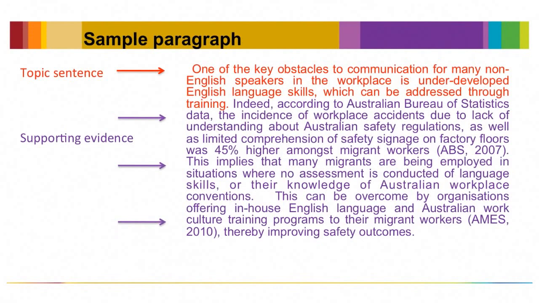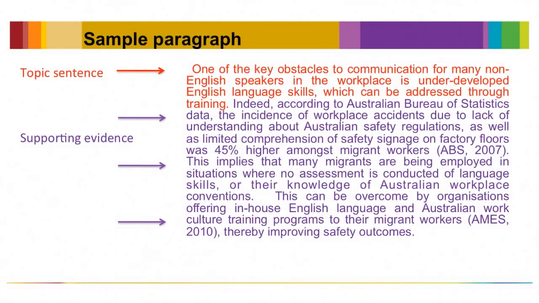Here is the actual paragraph written in full. So we have gone from the outline, as in the previous slide, to a paragraph written in complete sentences. As you can see, the topic sentence remains the same, but underneath, the supporting evidence is written in complete sentences. I'd also like you to note the language which is used in the supporting evidence.